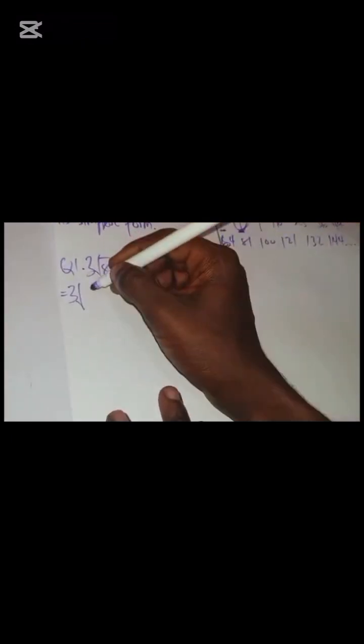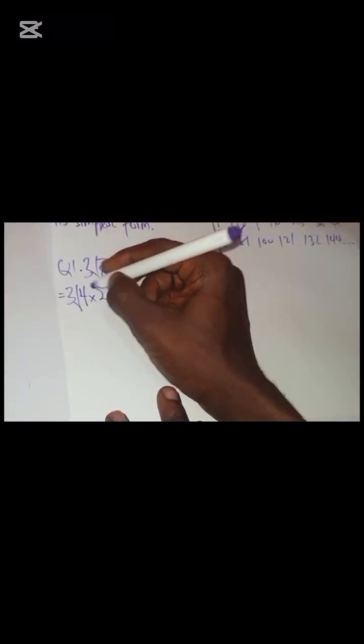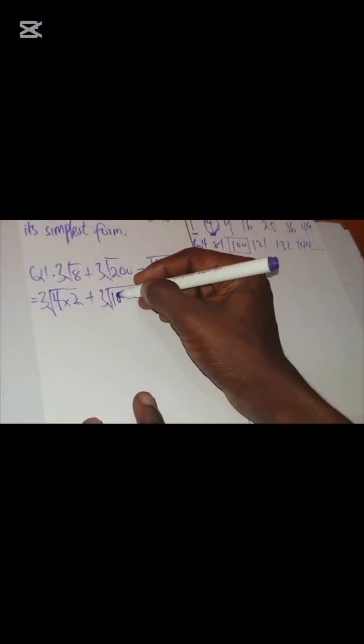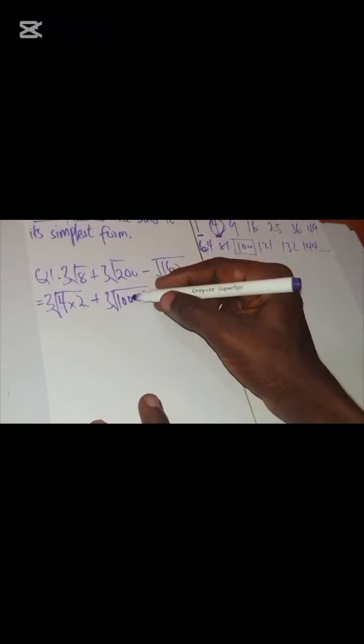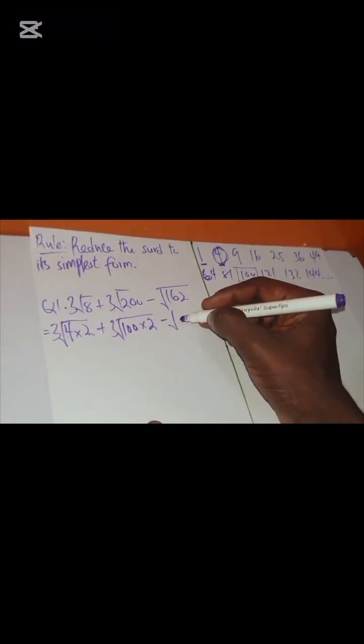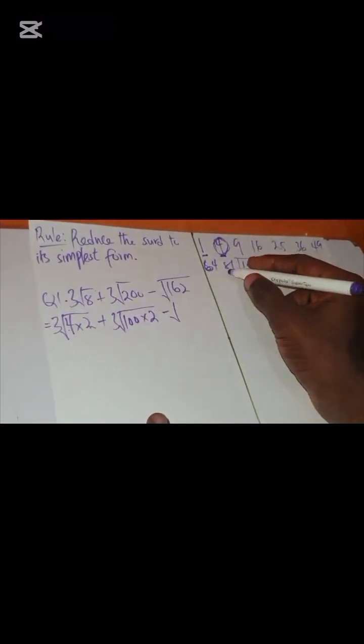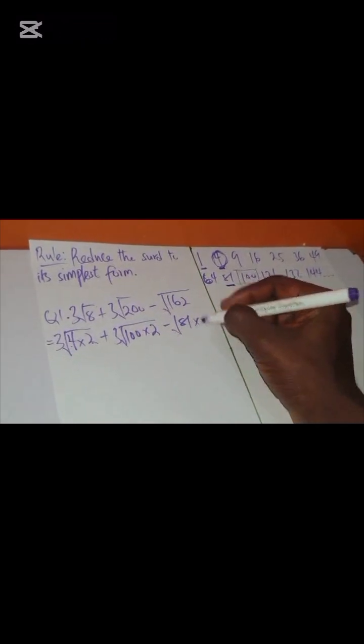So it becomes 4 times 2, because 4 times 2 gives 8, plus, now in this part also, 200 is divisible by 4, but it is not the highest perfect square, so we skip right to 100. 100 will be our highest perfect square in this case, so it will be 100 times 2, because 100 times 2 gives 200. And in this case also, it's going to be 81, so 81 times 2.